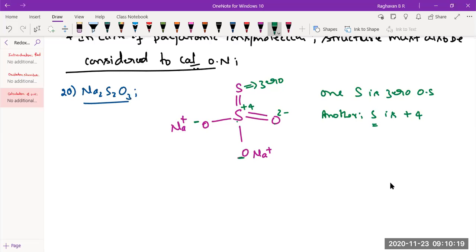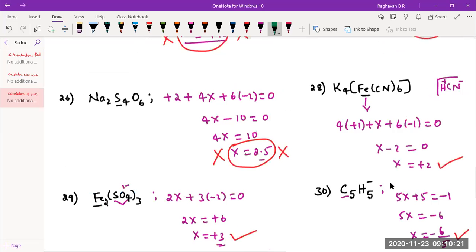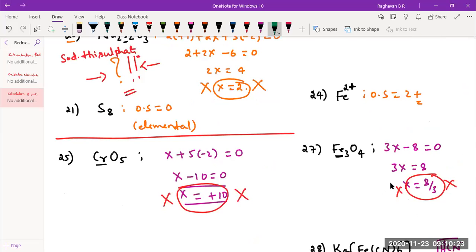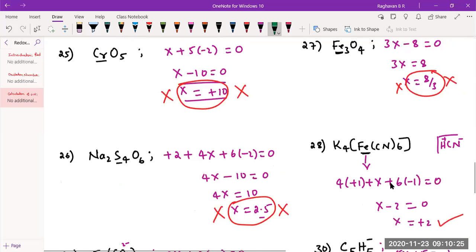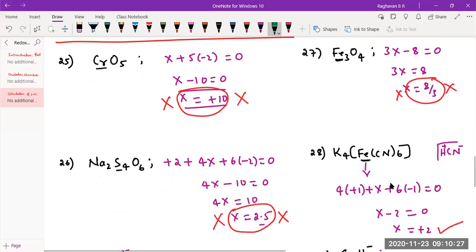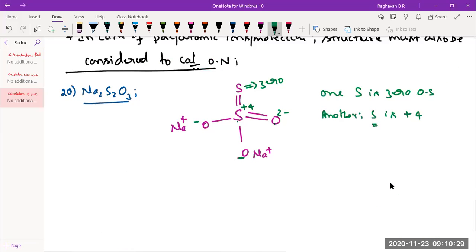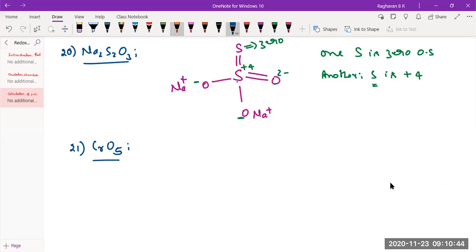Okay, yeah. We'll take up the remaining and finish up. CrO5 is quite popular. I think all the remaining we have done. CrO5 is a quite popular compound. They would ask you in the exam also. This is a very interesting structure.